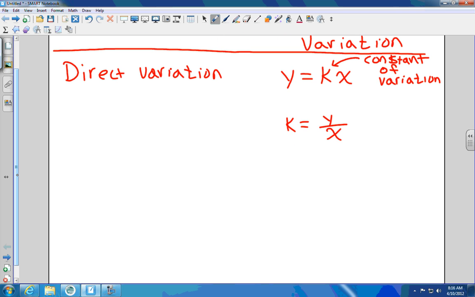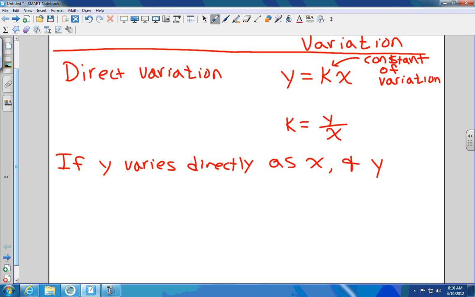So we'll do a direct variation example. If Y varies directly as X, and Y equals 12 when X equals -3.